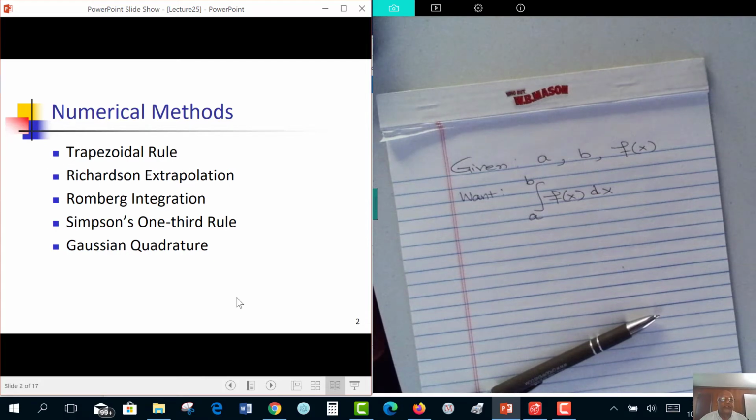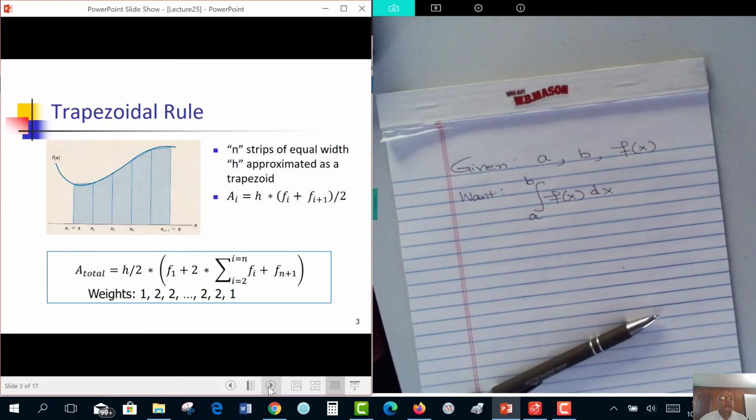Last week we finished the trapezoidal rule. So let's see what the trapezoidal rule does. Here is our function. We want to evaluate the integral between a and b. So we chop up this interval into n strips of equal width h.